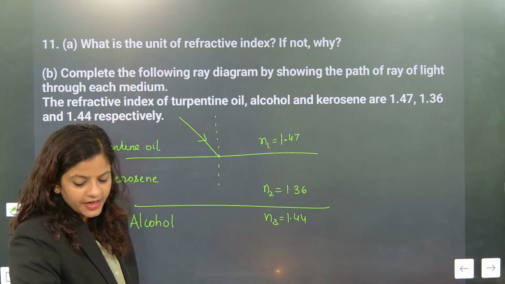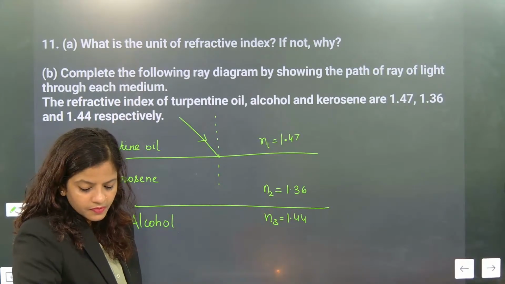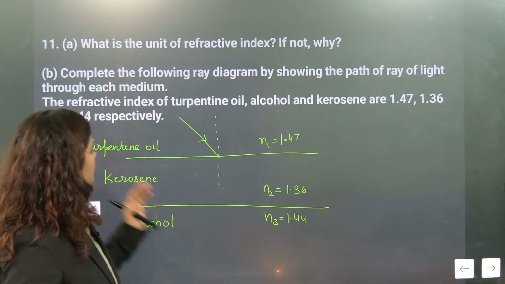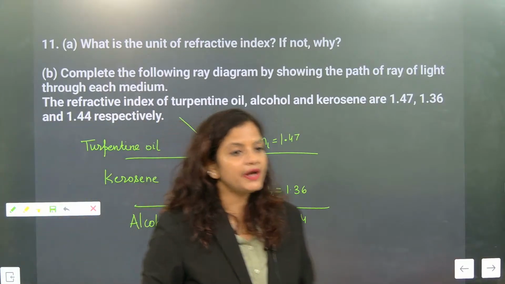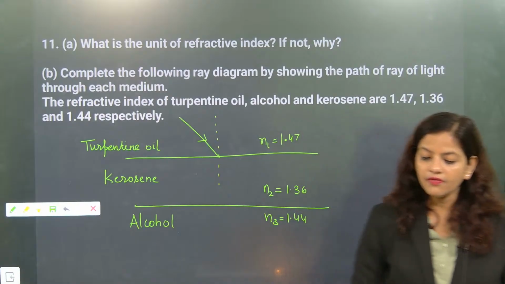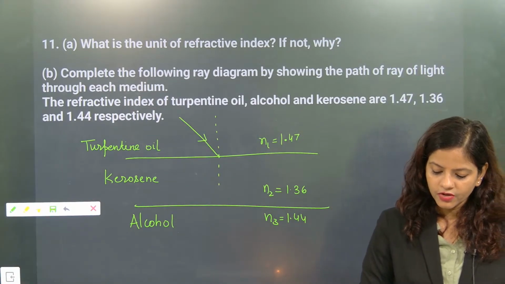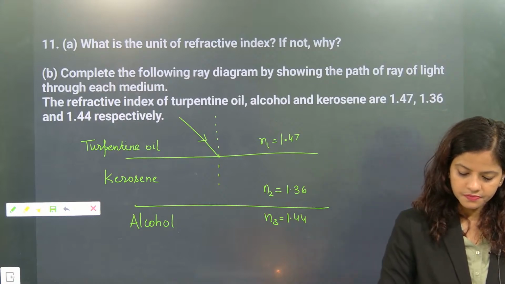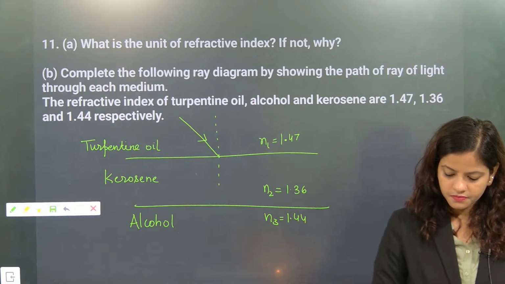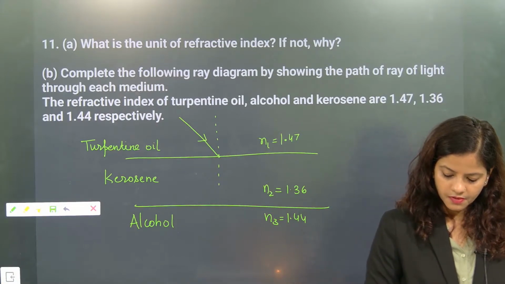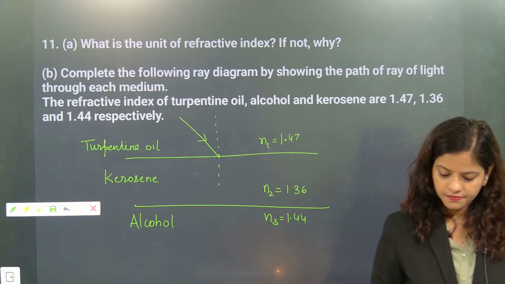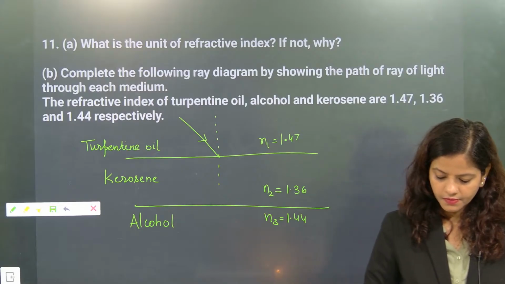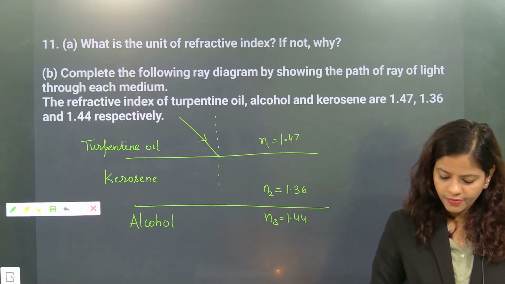You need to complete it. Since it is a ratio of equal quantities, now you need to show whether it will bend towards the normal. Will it go away from normal? What and all are the scenarios we need to check? Okay. Come on, go for it, please.